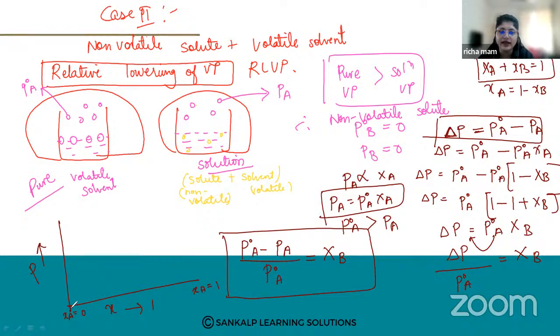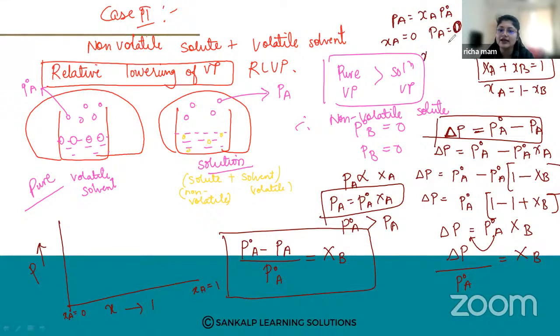So I'll write this condition above. PA is equal to psi A into P naught of A. At psi A equal to 0, PA will be equal to 0.